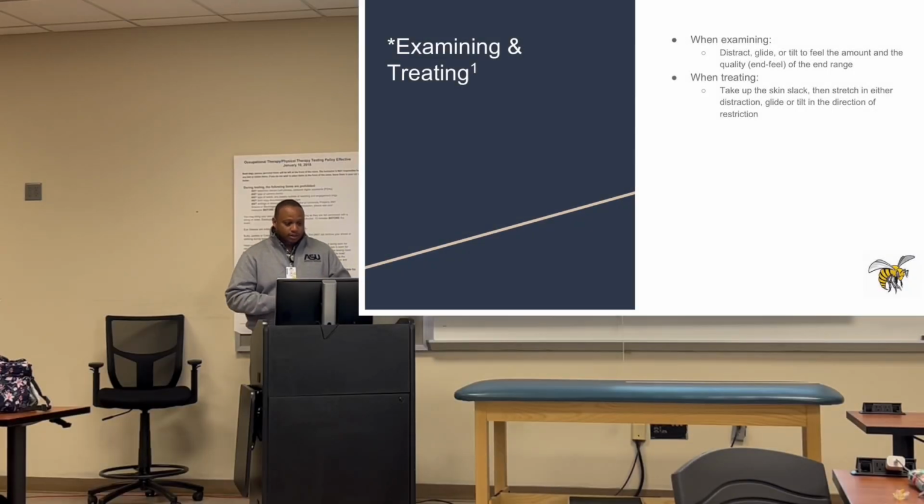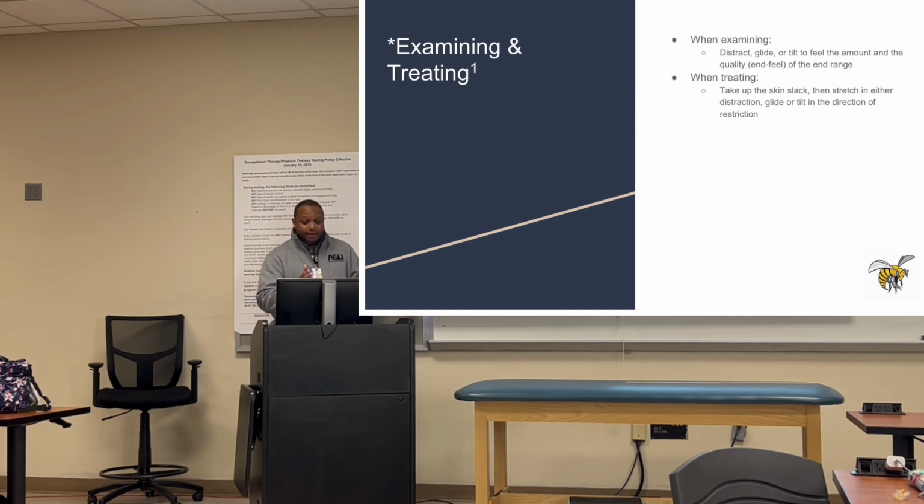All right. So examining and treating. When examining, we distract, glide, or tilt to feel the amount and the quality of the end feel of the end range of the motion. So this is with our component motion, okay? All right, and with our joint play.